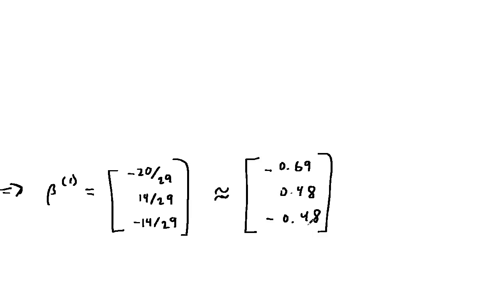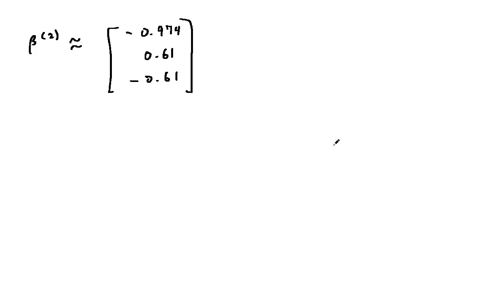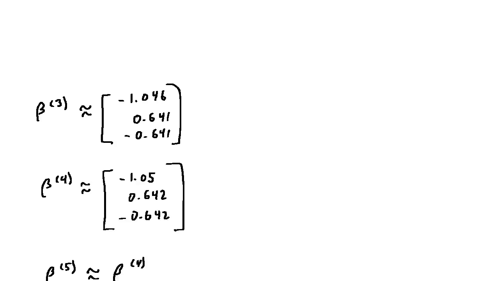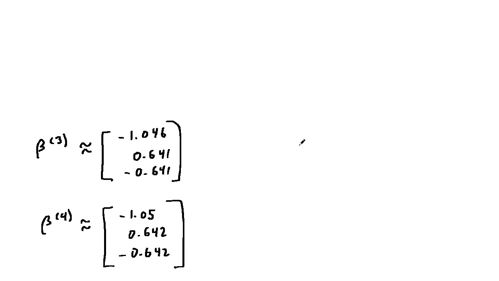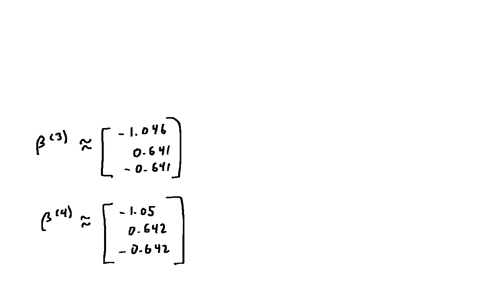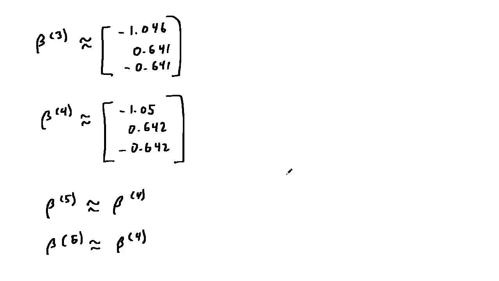We update p, w, v and calculate beta 2. Okay, so beta 2 is approximately this. If we keep iterating, we get beta 3 and beta 4. Beta 5 and beta 6 are nearly the same as beta 4. Okay, so it looks like we get convergence.